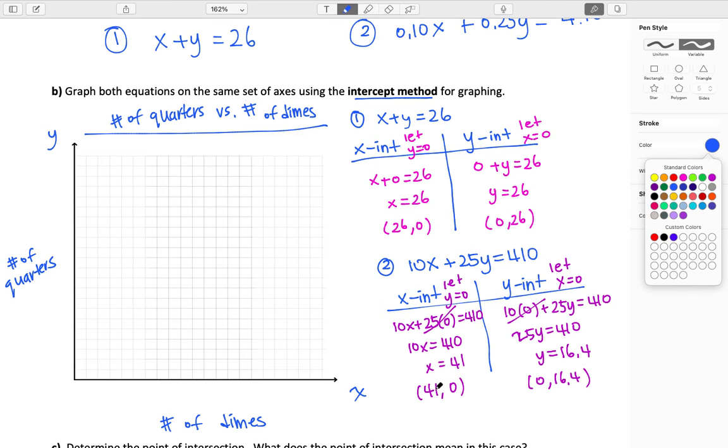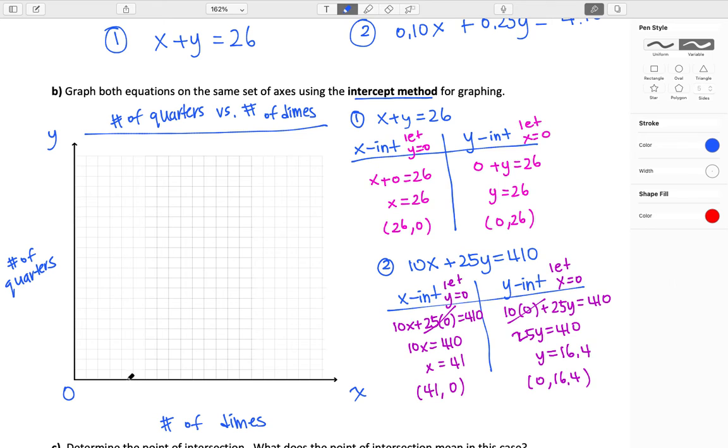For the number of dimes, for x, I have values that are going from 26 to 41. So I'm going to let every 5 spaces be 10 because I need up to 40. So this is 10. Every 5 spaces is 10 again, 30, and 40.